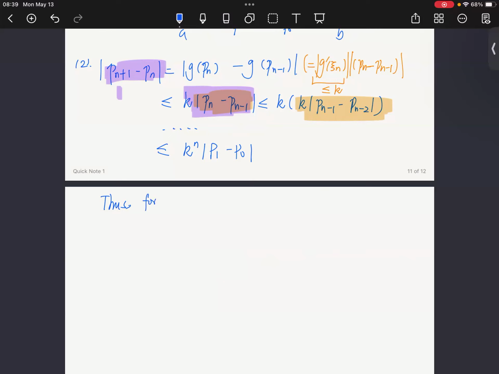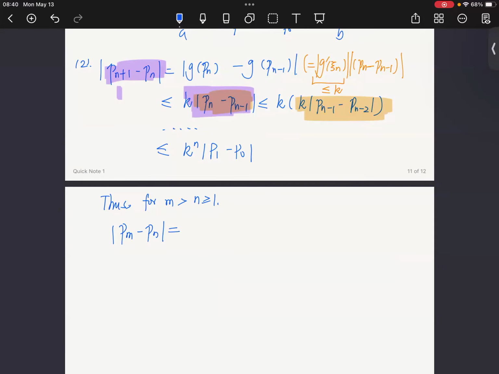It's just the distance between two points, something similar to what we have in the Lipschitz continuous conditions. It's any arbitrary point in the sequence, and we want to bound it.